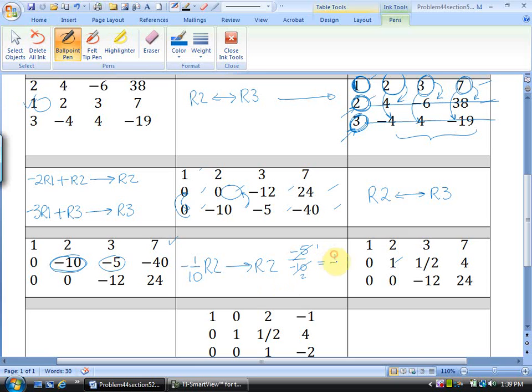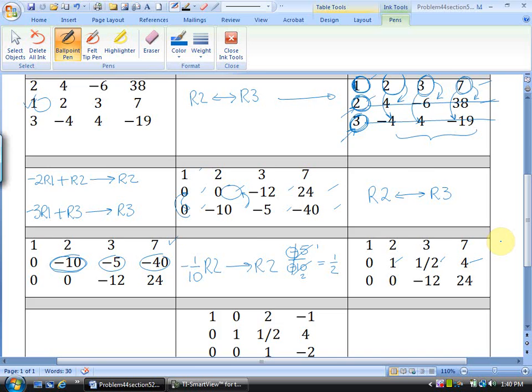So we get half positive because we had a minus and a minus. So minus and minus become plus. And here is the half. So now we have minus 40 divided by minus 10. So it's basically negative 40 divided by negative 10 is positive 4. And we took care of that part.